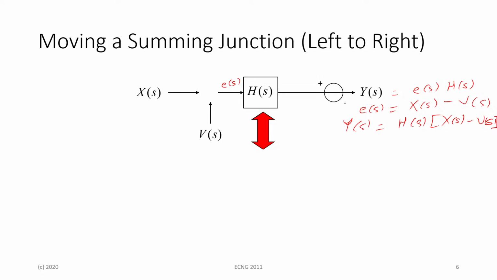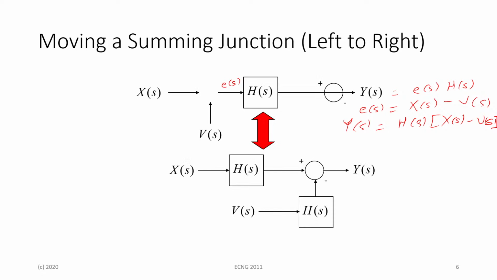So in moving the summation junction from the left of h of s to the right of h of s, we need to make sure that the block compensation here is going to be the h of s block. And let's watch this mathematically to see if this actually is compensated.